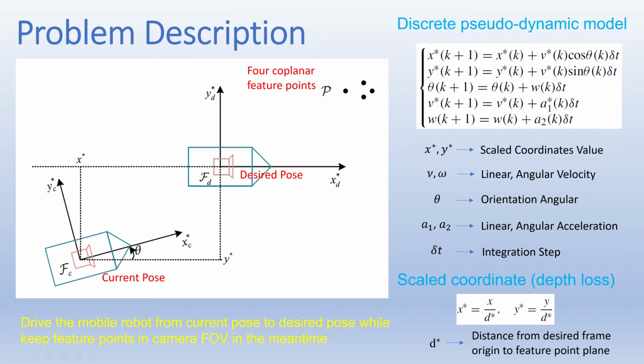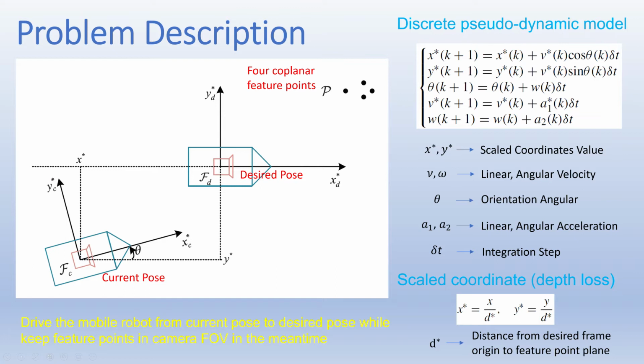And the main task for this problem is to think up ways to drive the mobile robot from the current pose to the desired pose. And as you can see, there is a camera attached on it to capture frames from the neighborhood.